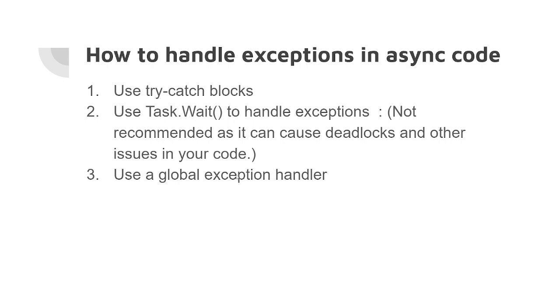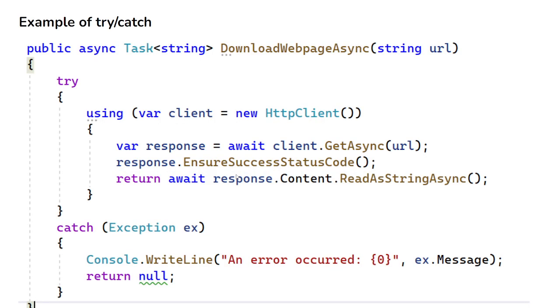So let's see one example. This is the example of try-catch. We are using try and catch. If an exception occurs in the try block, we are handling or logging the exception in the catch block. In this example, we are using the try block to catch the exception that might occur while downloading the web page.